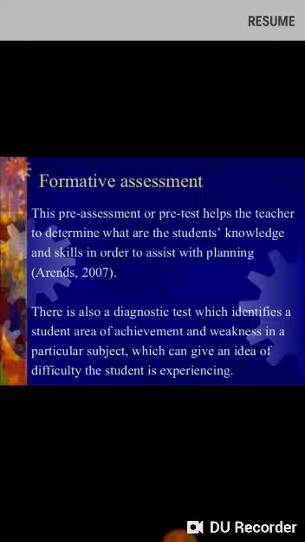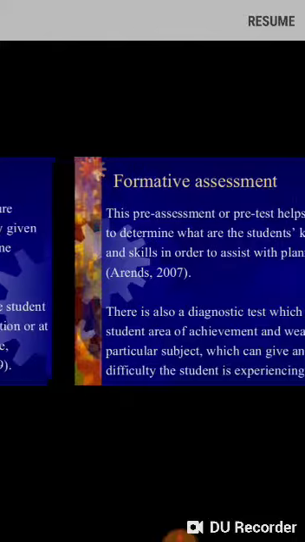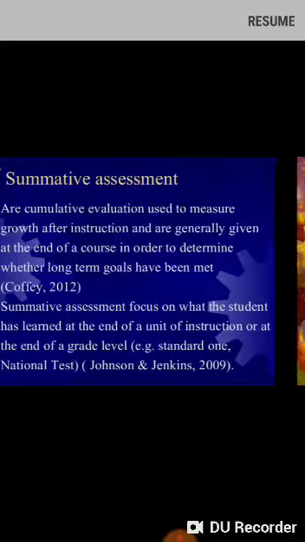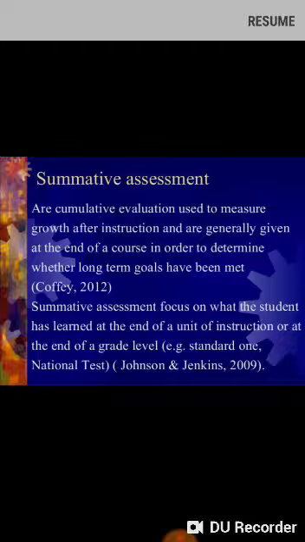Now come to the summative assessment. The summative assessments are cumulative evaluations used to measure growth after instruction and are generally given at the end of a course in order to determine whether long-term goals have been met.